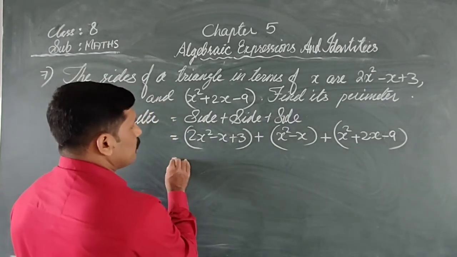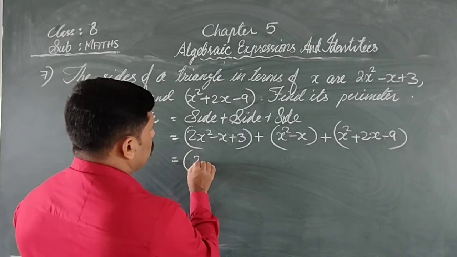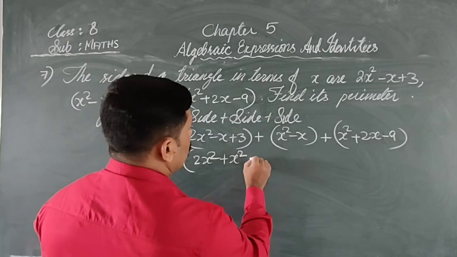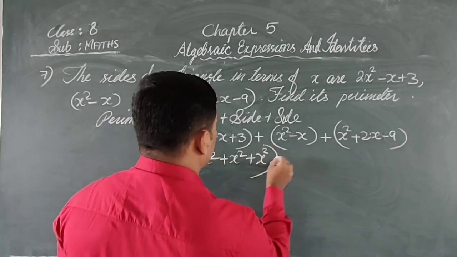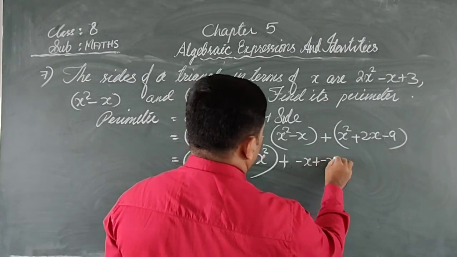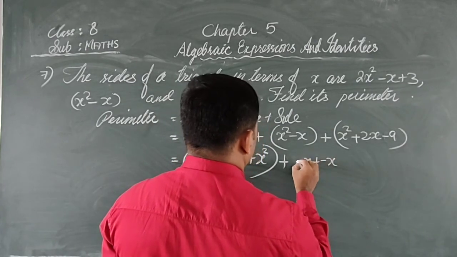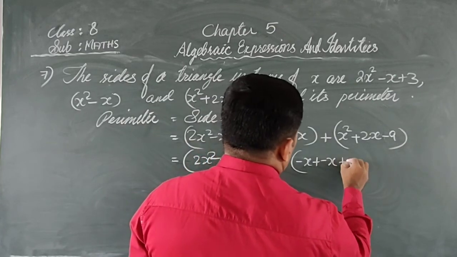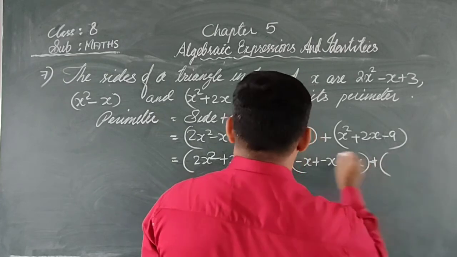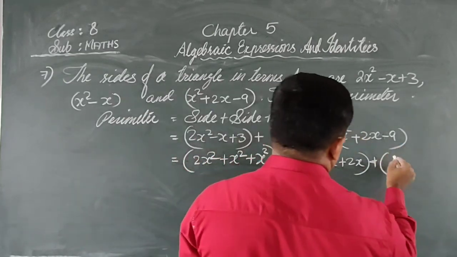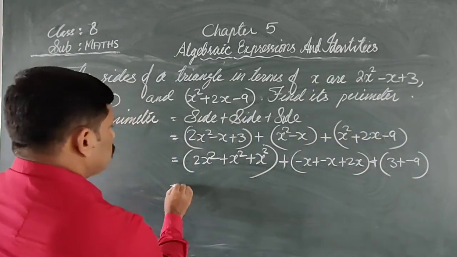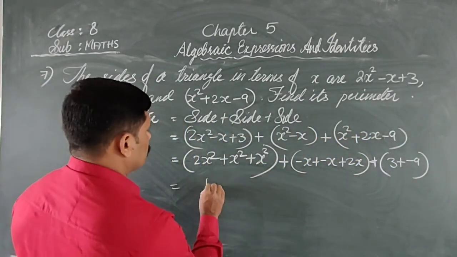For addition, we take the like terms. The 2x square, here 1x square and another x square there. So plus x, negative x plus negative x plus 2x, and plus next the constant 3, here no constant, 3 plus negative 9. Then 2x square, 3x square and 4x square.